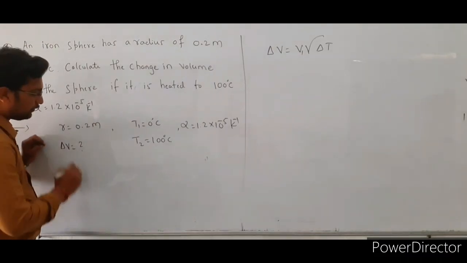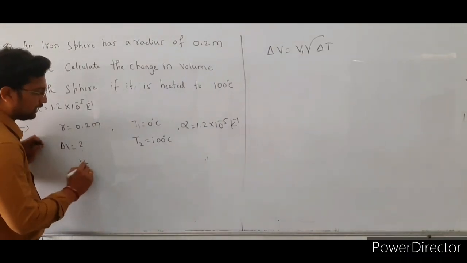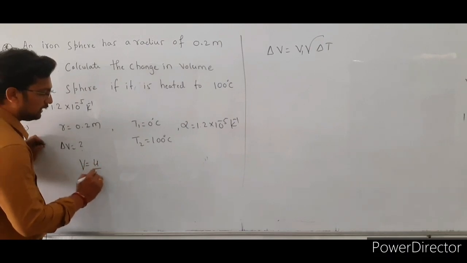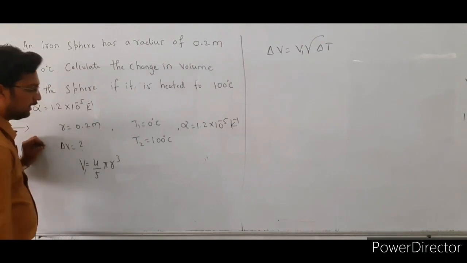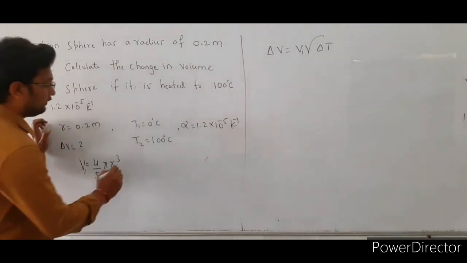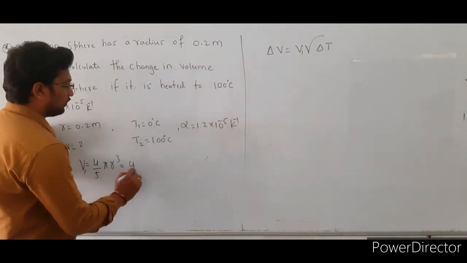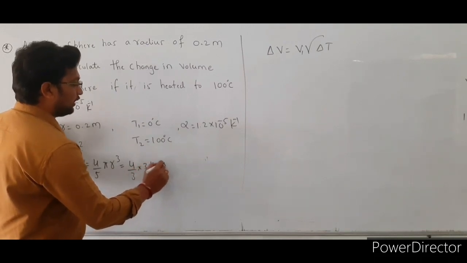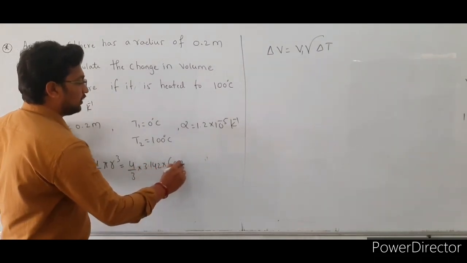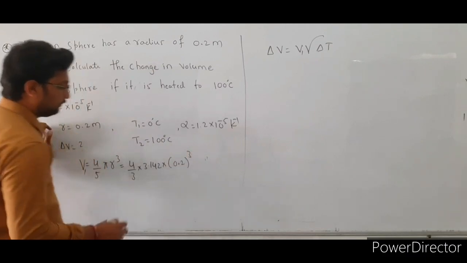See here, to calculate the volume of the sphere we use the formula 4/3 π r³. Here the radius value is given, so 4/3 as it is, π is 3.142, times the radius 0.2 whole cube.